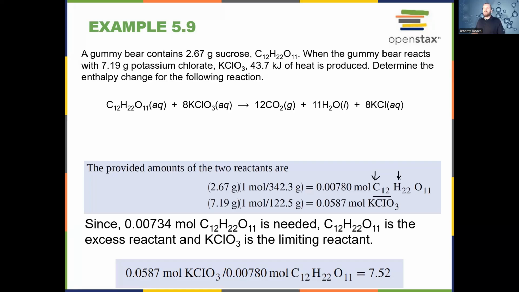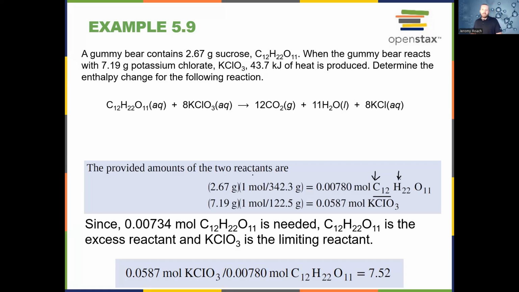And the AMU for oxygen is 16, and we're going to do 11 times 16. And that's 176. Add that to the 166 that we had from the carbon and the hydrogen, and that gives us approximately 342 grams per mole. And here, for being exact, it's 342.3 grams per mole.